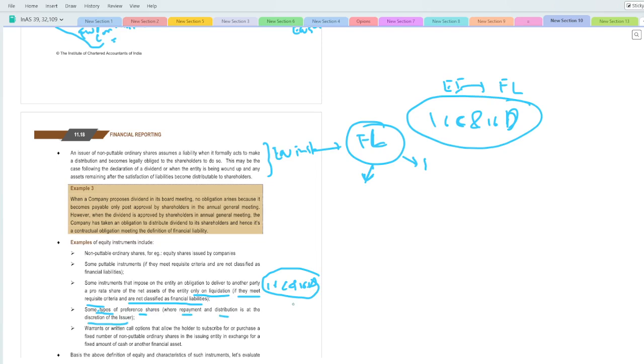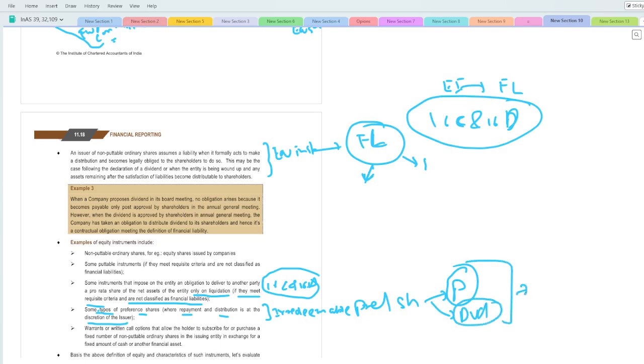So that is your irredeemable preference shares, जिसमें आपको अपना प्रिंसिपल अमाउंट एट द डिस्क्रिशन ऑफ इश्यूअर पे है. ठीक है. प्रिंसिपल अमाउंट, तो प्रिंसिपल पोर्शन आपका इक्विटी इंस्ट्रूमेंट कहलाएगा. और सिमिलरली जो उसका डिविडेंड है, डिविडेंड भी अगर इश्यूअर के डिस्क्रिशन पे है तो ये पूरा कंप्लीटली इक्विटी इंस्ट्रूमेंट कहलाएगा. ठीक है. दिस इज एट द डिस्क्रिशन ऑफ द इश्यूअर. सो दैट मीन्स कि ऑब्लिगेशन टू पे द कैश इश्यूअर कैन अवॉइड. करेक्ट. तो वो उस कैटेगरी में जा रहा है.